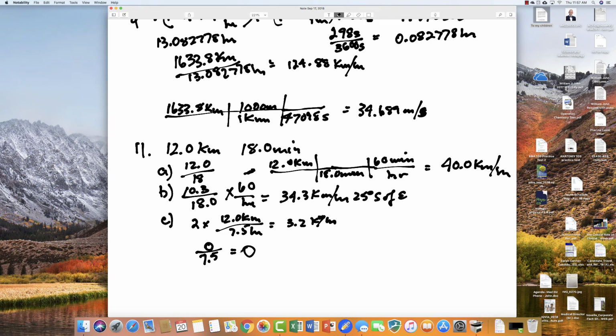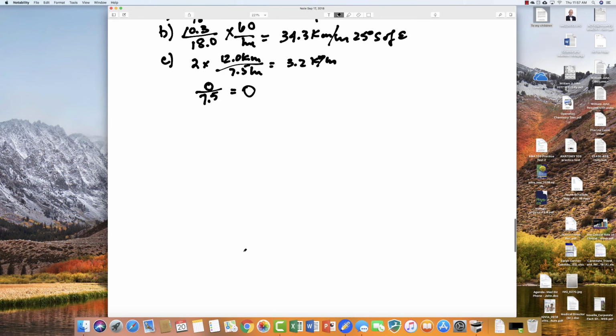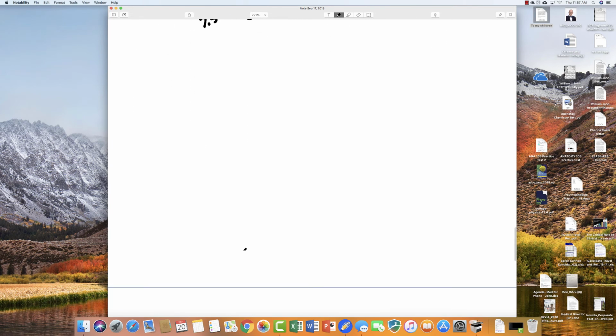He breaks the tackle and runs straight forward another 21 meters in 5.2 seconds. Calculate his average velocity, A, for each of the 3 intervals, and B, for the entire motion. Okay, so first of all, we have to calculate each of the 3 intervals, and this is number 14, we're going to say that down the field is positive and backwards is negative.